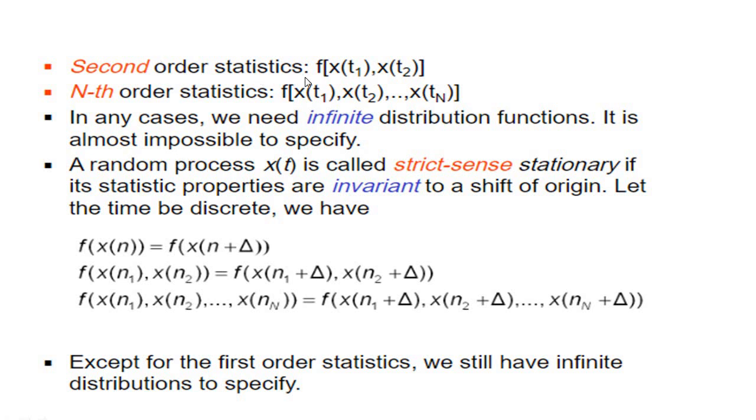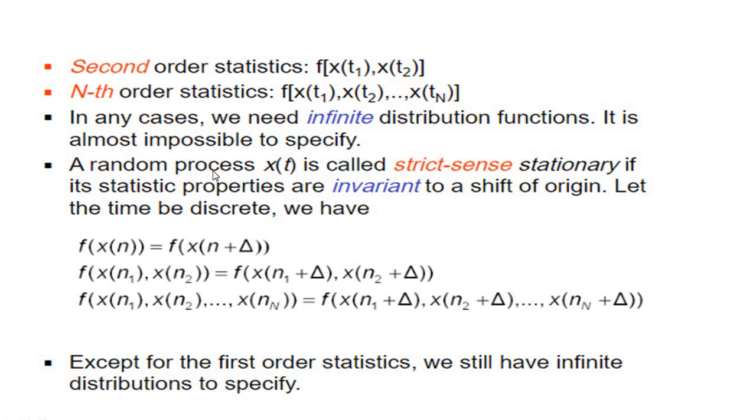Second order statistics: x of t1, x of t2 at t equal to t1 and t2. So we have the statistics as f of x of t1 comma x of t2. In the same way, nth order statistics: f of x of t1 comma x of t2, and so on up to x of tn. In any case, we need infinite distribution functions. It is almost impossible to specify.